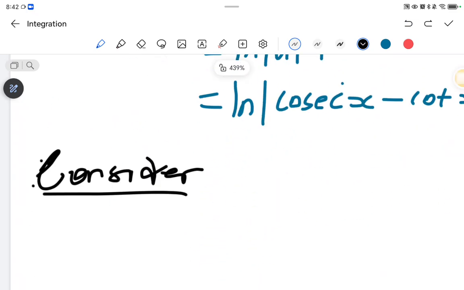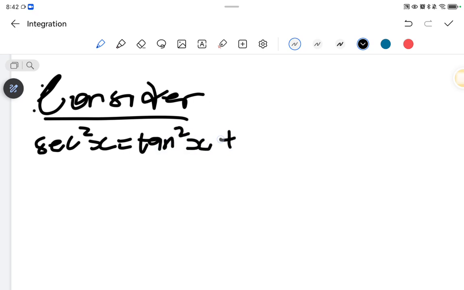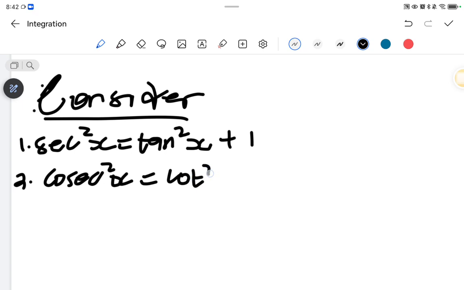So now we can consider that sec squared x is equal to tan squared x plus 1, and we consider that cosec squared x is equal to cot squared x plus 1. So we consider these two cases, right? Then we have the first case and the second case, and we're going to apply both.